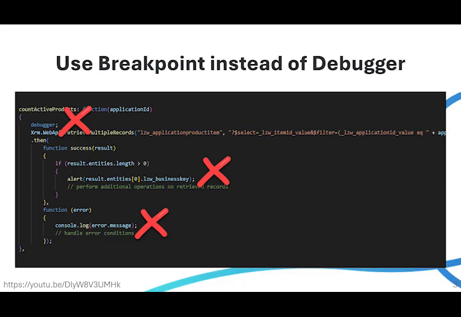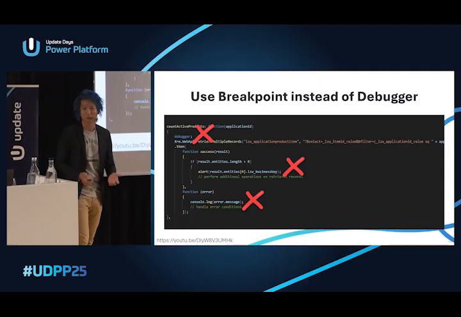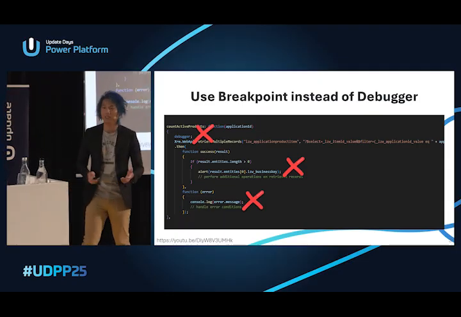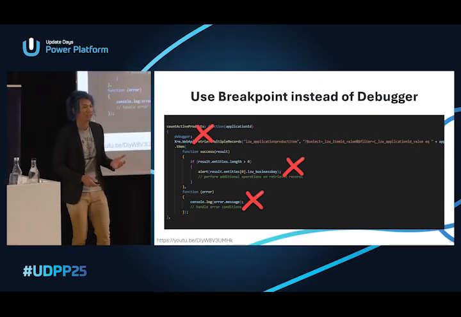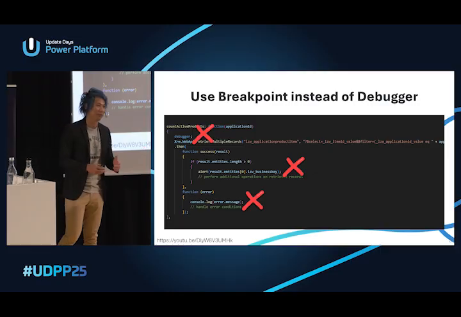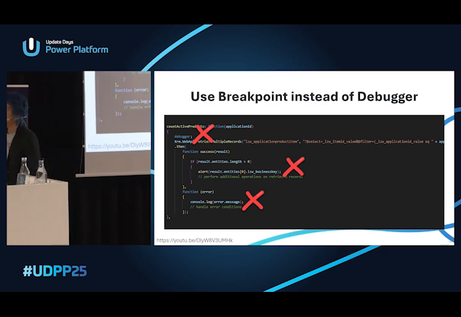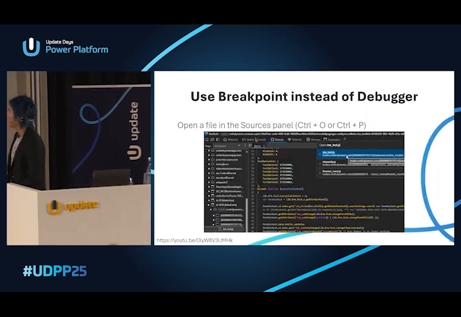What you can do instead is use the browser dev tool to put a breakpoint. Imagine you put in a debugger, you debug it, and then you have to remove it again and publish it, and if you forget, it will get into the pull request.